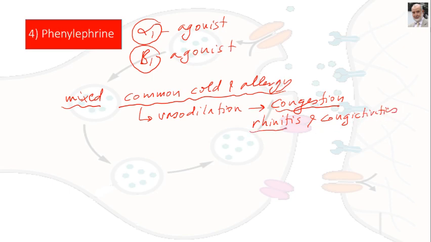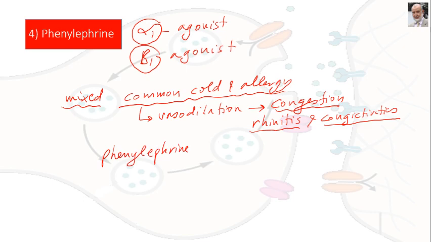Okay, rhinitis and conjunctivitis. So in this case what they do, they give phenylephrine, acting on the alpha-1 receptor.